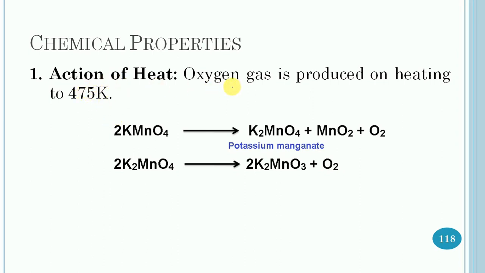Oxygen gas is produced on heating potassium permanganate at 473 kelvin, so it will get converted into potassium manganate. And if the potassium permanganate is heated to red heat, then it will further decompose to give more oxygen with the formation of this compound.